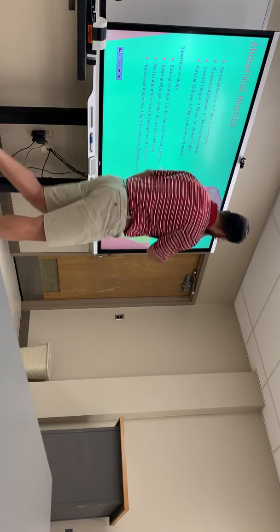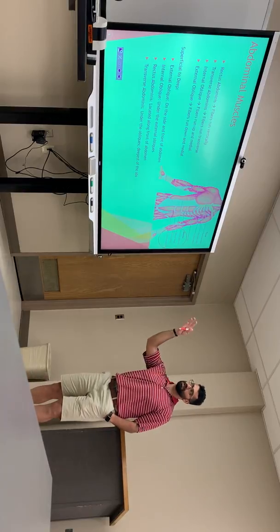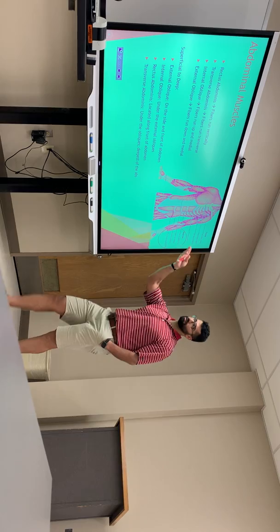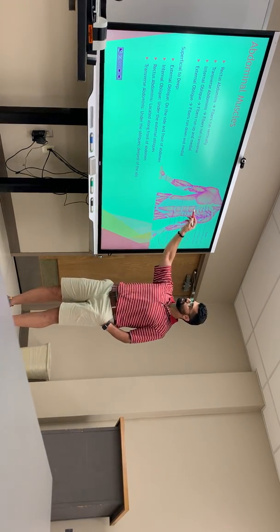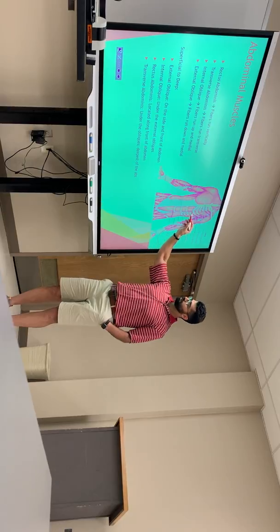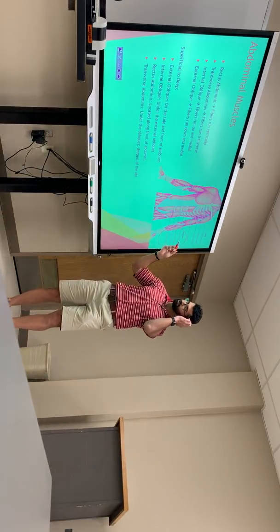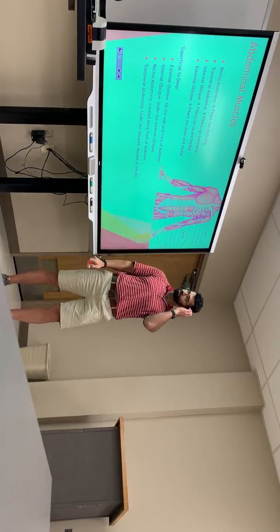Alright, abdominal muscles. We're not going to talk about the direction of the fibers, but you can tell from the names. Rectus abdominis goes vertically, this way, for the six-pack. Transverse abdominis, the fibers go transversely.